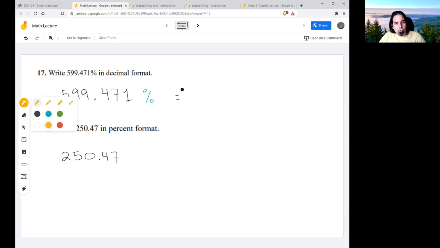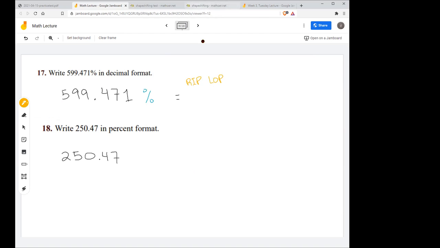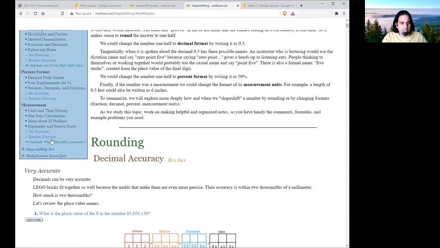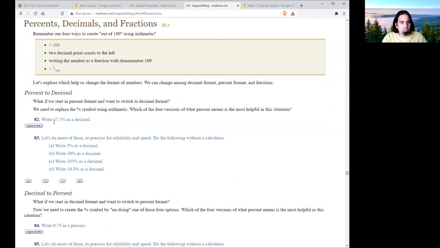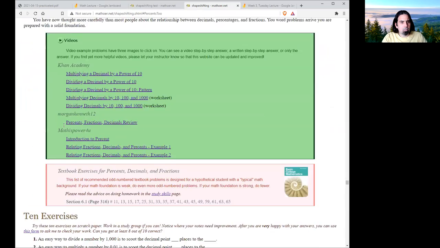Everyone remember the acronym RIPLOP? Right into percent, left out of percent. If you didn't remember that, then it's in the percents, decimals, and fractions thing.